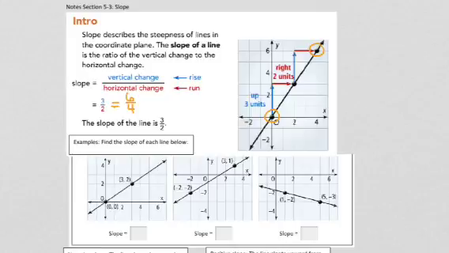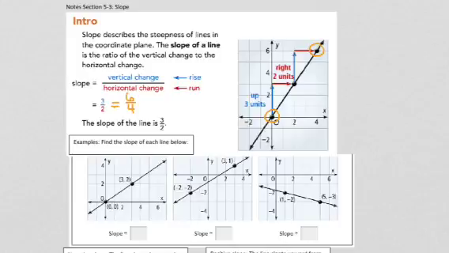It says, find the slope of each line below. So let's take a look at this one. They have come up with points right here and here. So all we have to do is figure out the vertical change, the rise, compared to the horizontal change, the run.